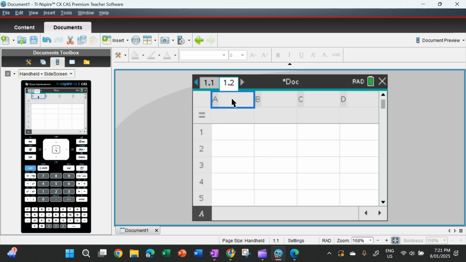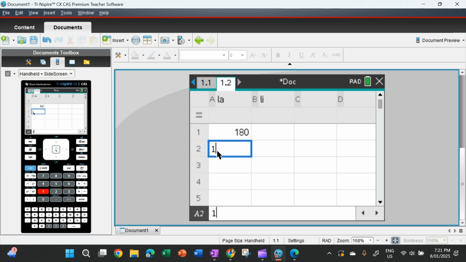We can name the column Labor. Now we substitute the numbers in: 180, 193, 204, 202, and so on.